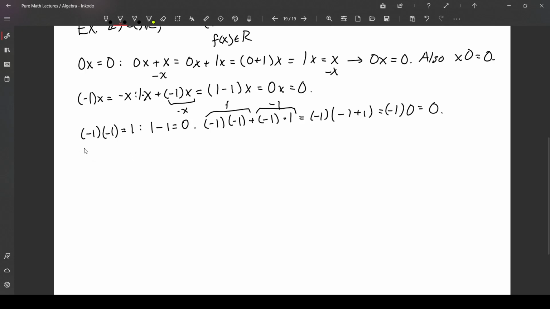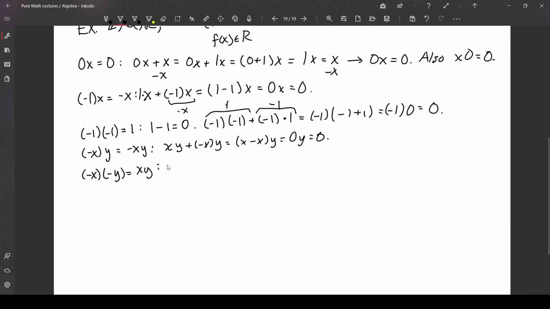In a similar vein, you can prove that -x times y is equal to -xy. The proof is again just by looking at xy plus -x times y, factoring out a y, and then you get 0y, which is equal to 0. You can also show that -x times -y is equal to xy.